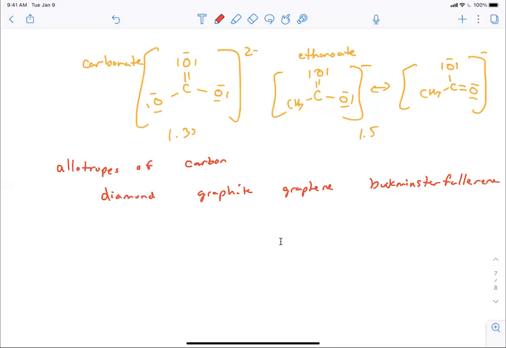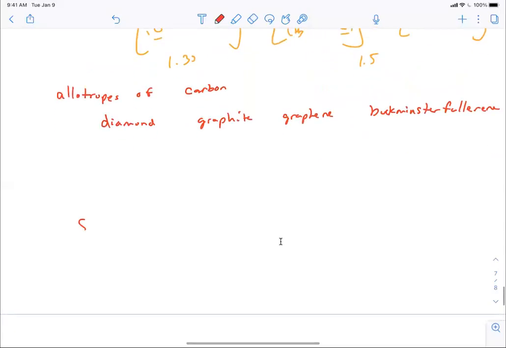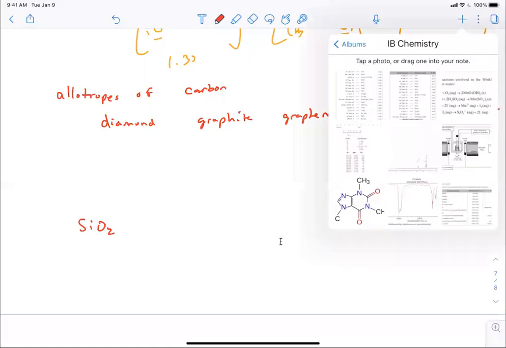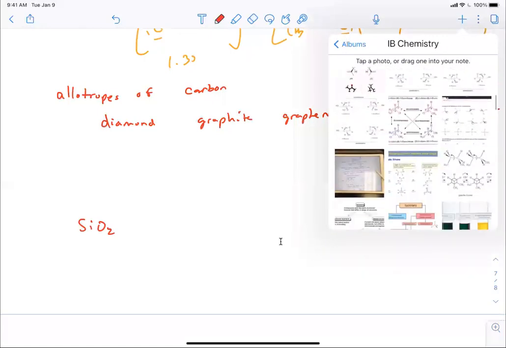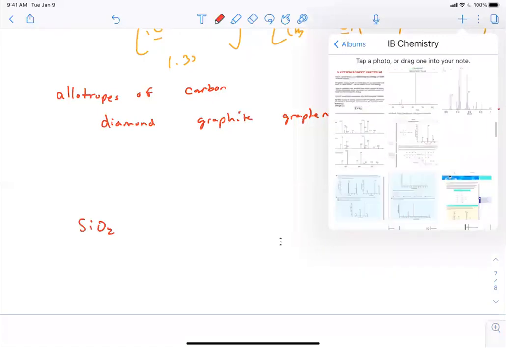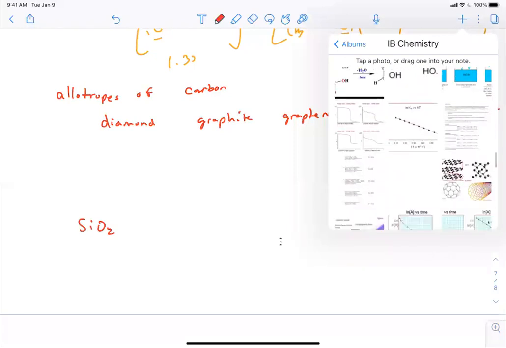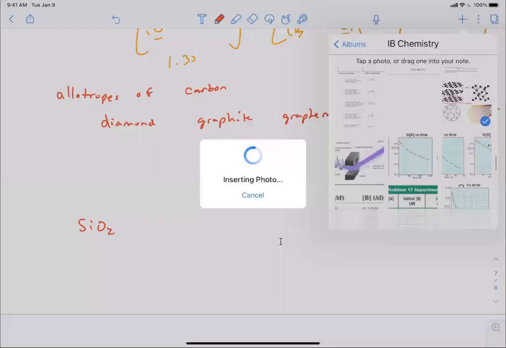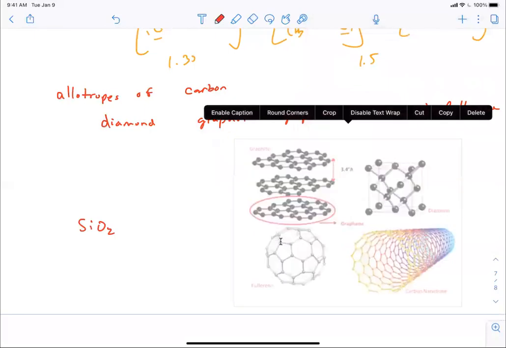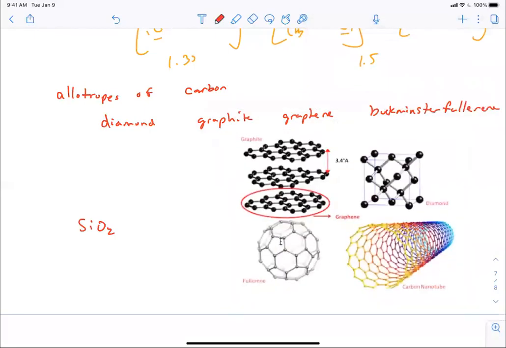Each of those structures, and you need to know SiO2 as well. These you have to memorize because there are specific structures. I have a diagram here that I'll put up so we don't have to draw them out, because I'm not very good at drawing those structures. With these structures, you have to understand the kind of shape they make.